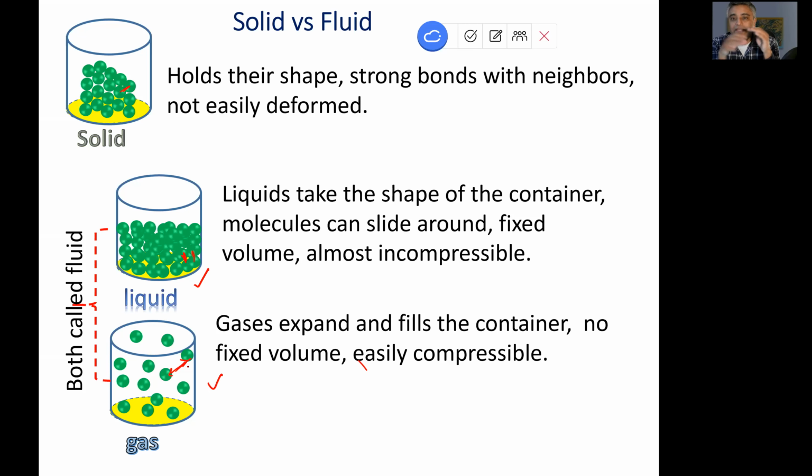For example, if you fill a balloon with air and are careful, you can keep squeezing and make the volume smaller, meaning the same number of gas molecules are now closer, okay? How do gas and liquid behave? We're going to talk about that in this chapter and the next chapter. The gas laws and the fluid laws we're going to talk about here apply mostly to both gas and liquid, both fluids, okay?